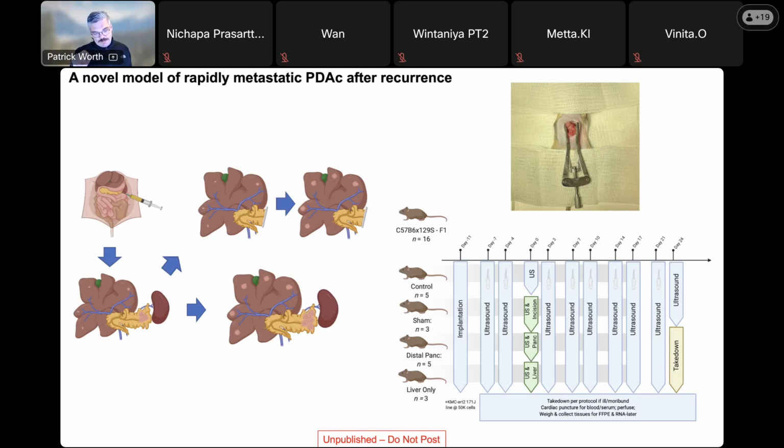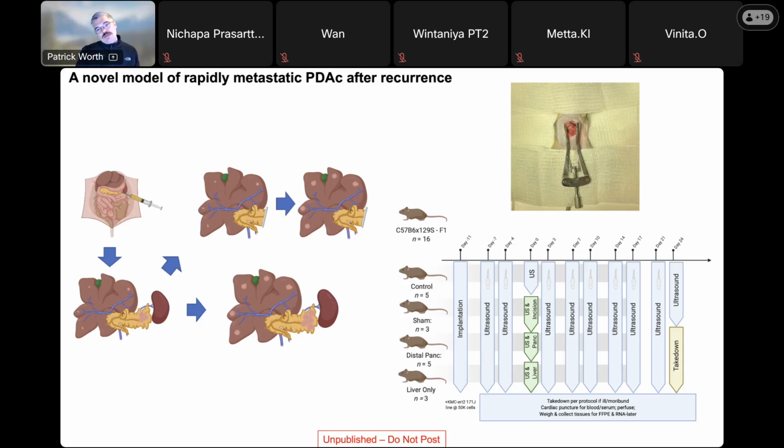And we think the problem with that is that, as you'll recall, the early dissemination seen in PanINs doesn't occur necessarily with the same types of mutations.